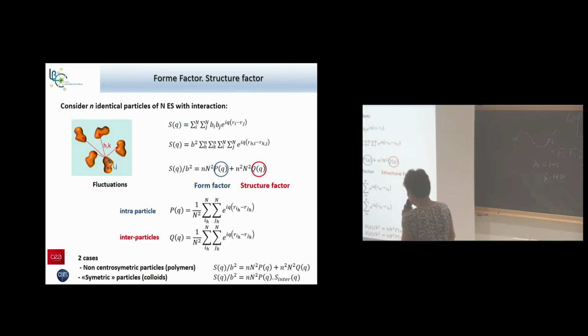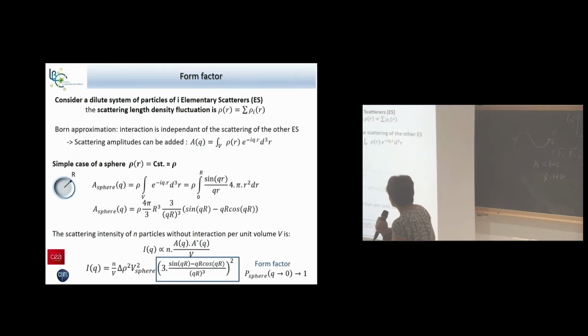You could simplify it, and in fact the scattering function is a product of the form factor times the structure factor, since the center of mass of the particle is in the middle of the element. But for polymer, a polymer is not a symmetric particle, so you have to add the form factor and the structure factor.